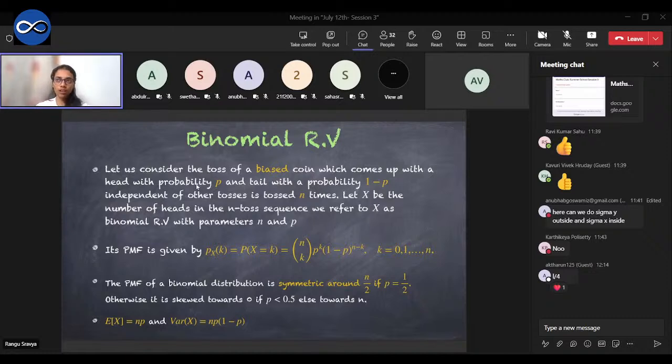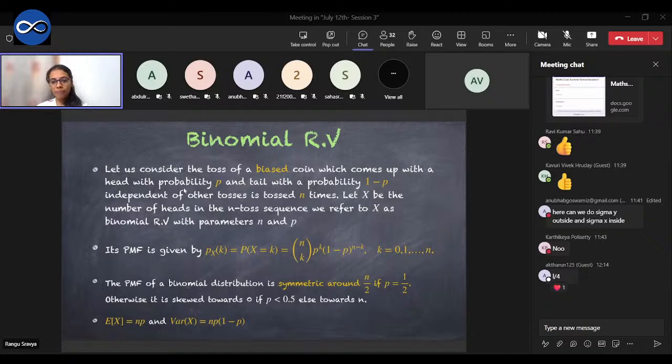So we are performing n tosses and the probability of head is p. So P(X equal to k) means the random variable value is k, which means the number of heads in the n toss sequence should be k. That means we have k heads and n minus k tails. K heads means we can select any k tosses among the n tosses.